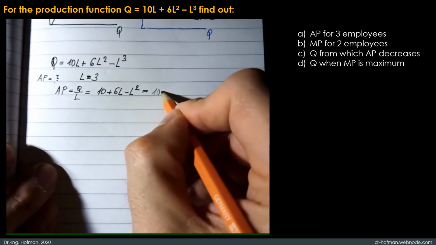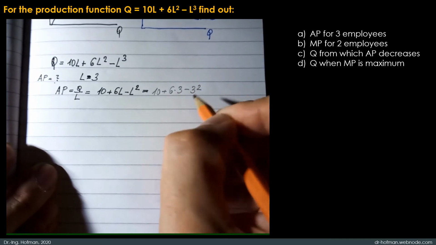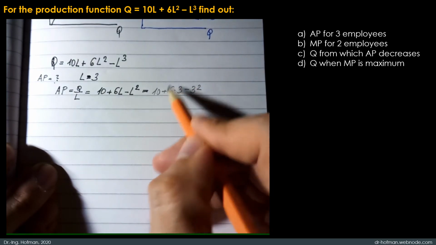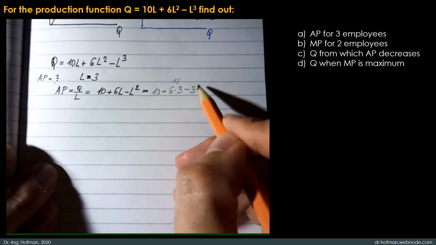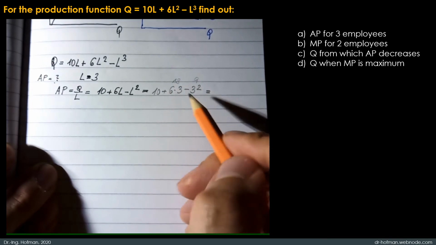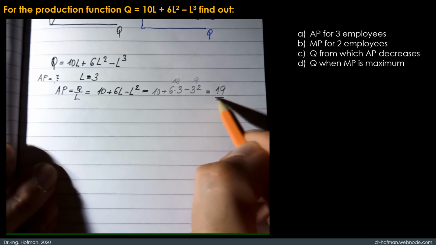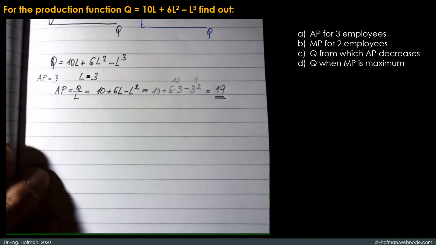And for L equals 3, we can calculate 10 plus 6 times 3 minus 3 squared. This is 18, this is 9, and we can say that 10 plus 18 minus 9 is 19.